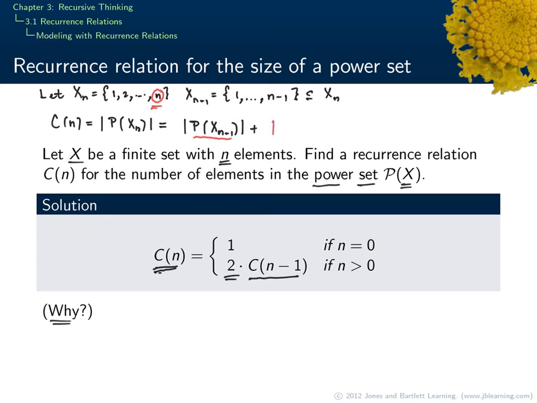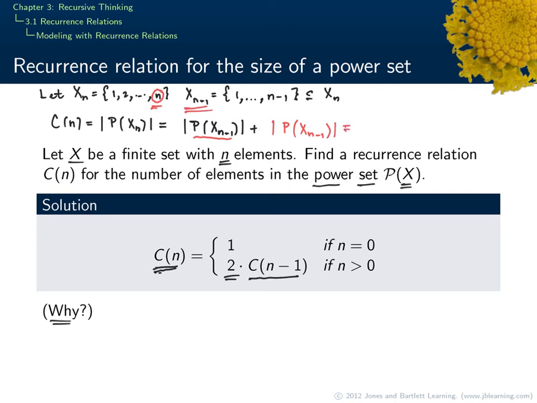And so what that means is that I take any one of these subsets of x sub n minus 1 and append an n. And so the number of things that I get in that way, again, is just the number of subsets of x sub n minus 1.